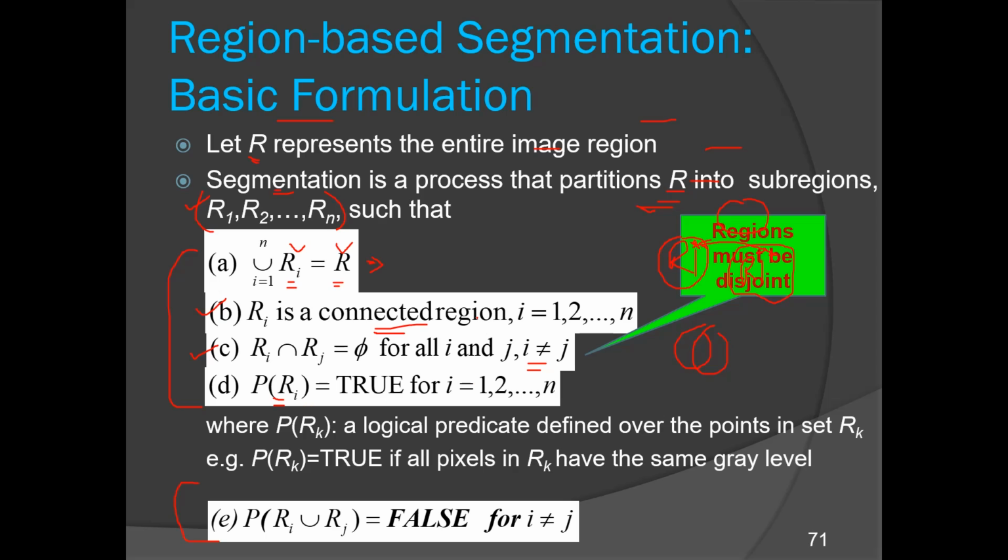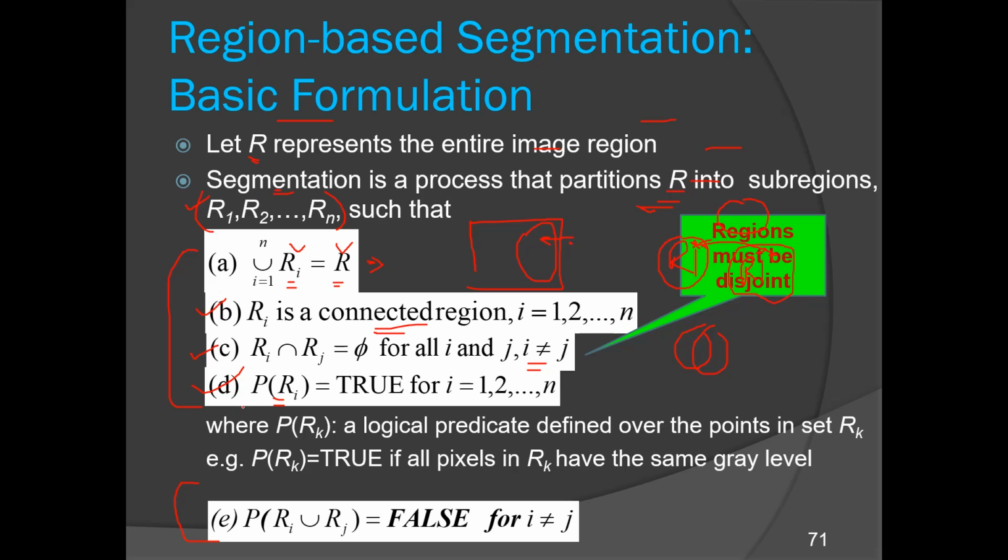Consider this region of an image is a white background; I can define a criterion that the pixels lying in this region should have an intensity value between 250 and 255. All the pixels in this region should have intensity values in that range, so that will be my predicate, my criterion.